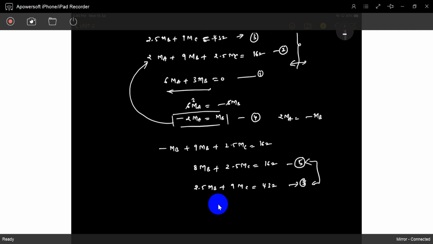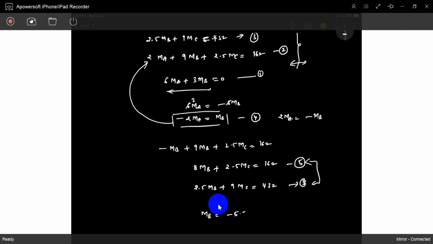So I already know the fifth one. 8, 2.5 and minus 162. That is the equation. Second, 2.5, 9 and minus 432. So what will we get?